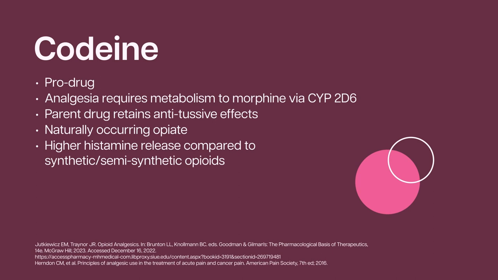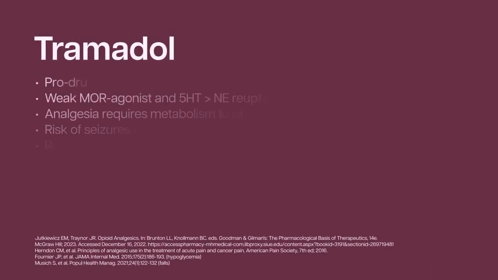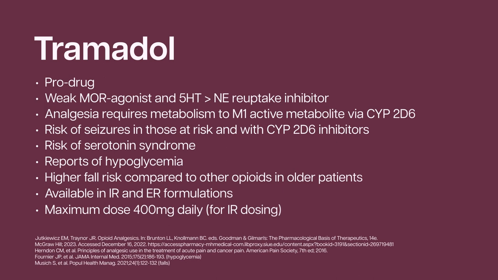For those individuals with ultra-rapid CYP2D6 activity, large amounts of morphine are expected after ingesting codeine, which can lead to opioid toxicity.